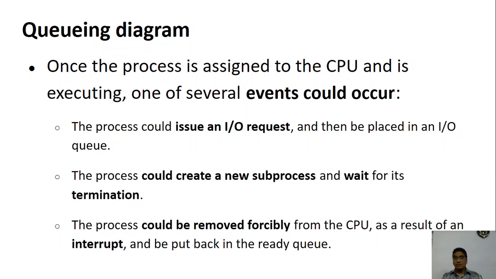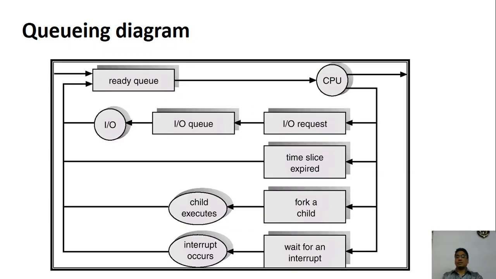If there is an input output request, your process will be kept in the input output queue. If it creates a new sub process, it will wait for its termination, or it may be forcefully removed if there is an interrupt. So these are all the things which are there.